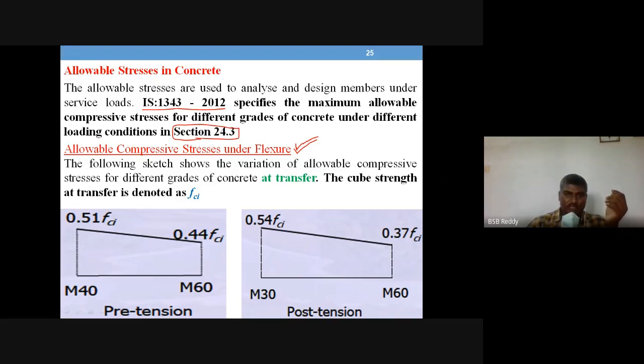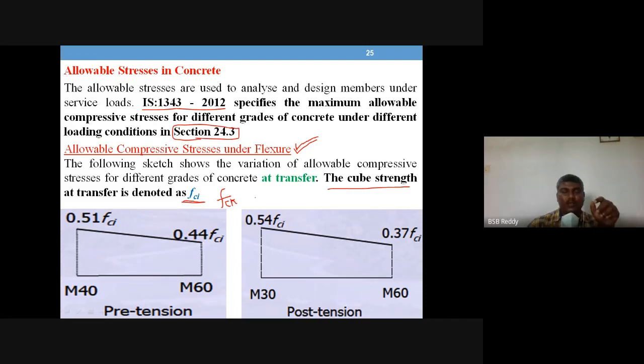So at this transfer, how much stress can you permit in the concrete? That is what these diagrams show. Okay. So the cube strength at transfer is denoted as fci instead of fck. You have to see the clear difference between fck and fci.